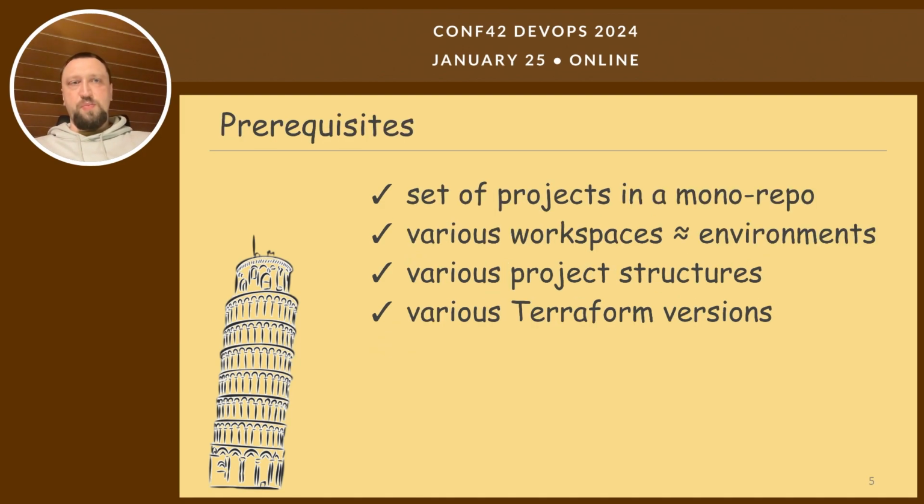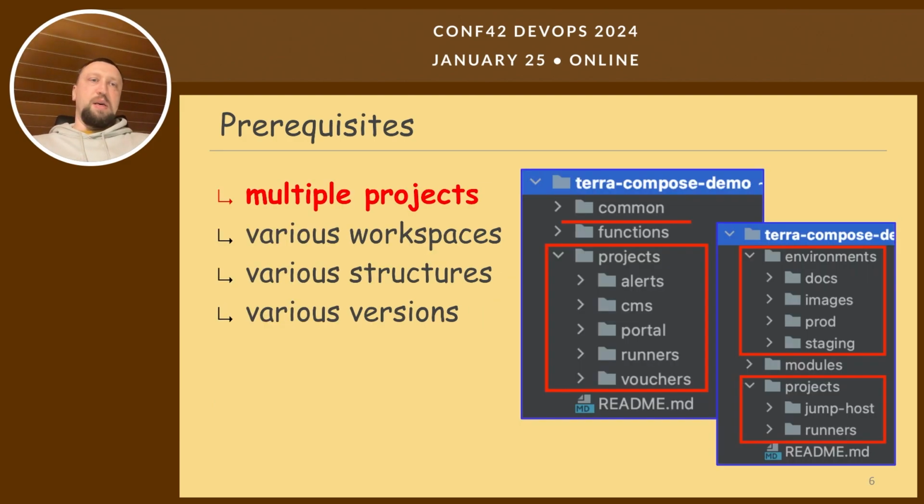So let's start. We have as a prerequisite a set of projects in a Mono-Repo. They have various workspaces, which is mostly equal to environments, various structures, and Terraform versions. And if we look into our projects, you might have a similar situation where you have some projects in your folder, whatever name, I selected projects.